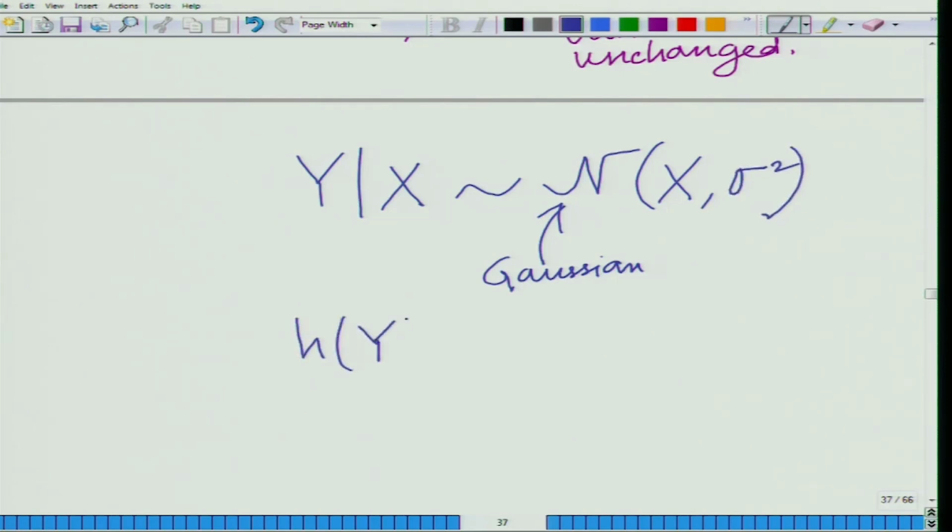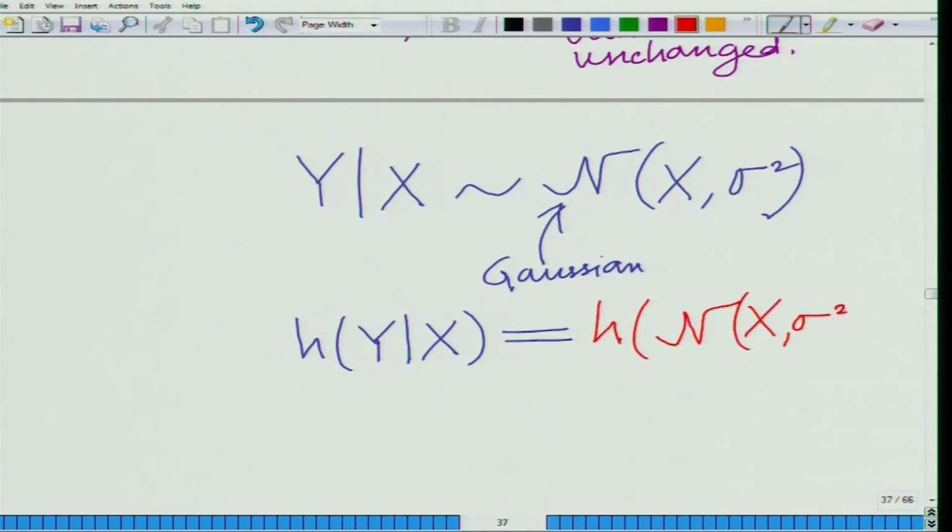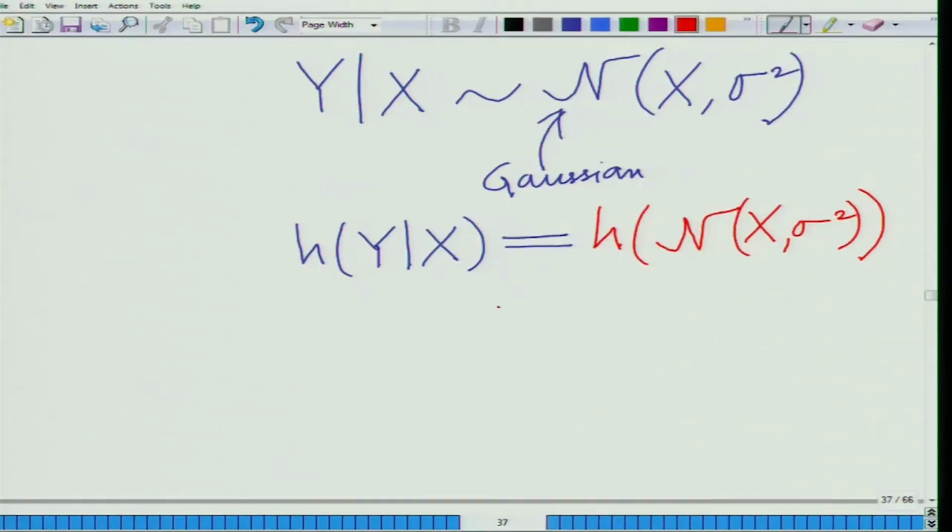Therefore, the first interesting property you will observe is that h of y given x is the differential entropy of a Gaussian source with mean x and variance sigma square. The differential entropy of a Gaussian random variable with a given mean and variance sigma square, we have seen, is independent of the mean. It is simply half log to the base 2 of 2 pi sigma square e, which does not depend on the mean x. So this is a constant.